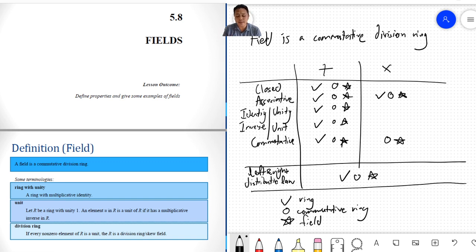Inverse, in order to have inverse, you must have identity. Therefore, it must have unity. It must have a unit, but only for non-zero elements. Therefore, if we want to determine whether a given structure is a field or not, it must also have all of these properties denoted by star.